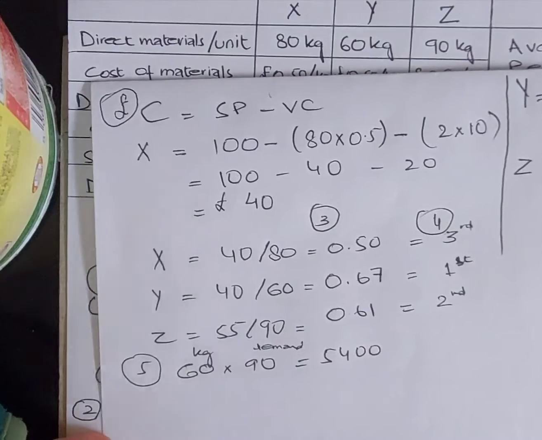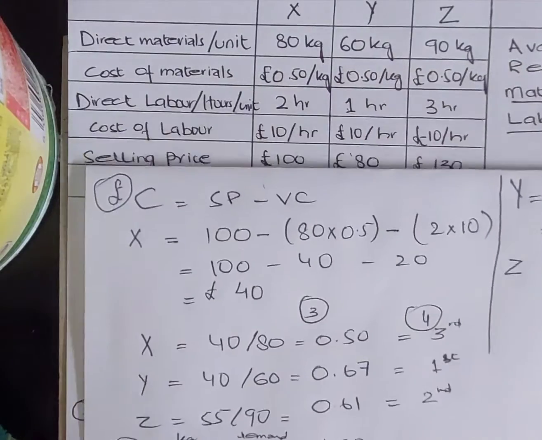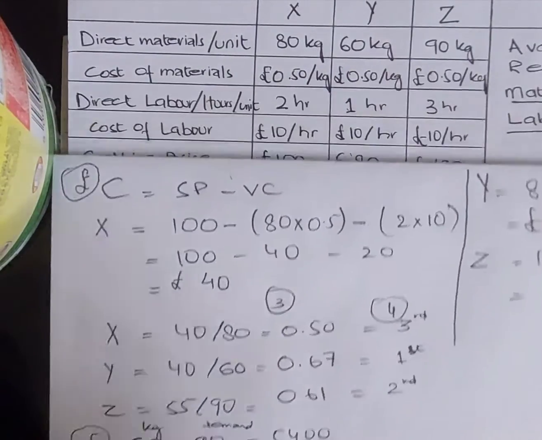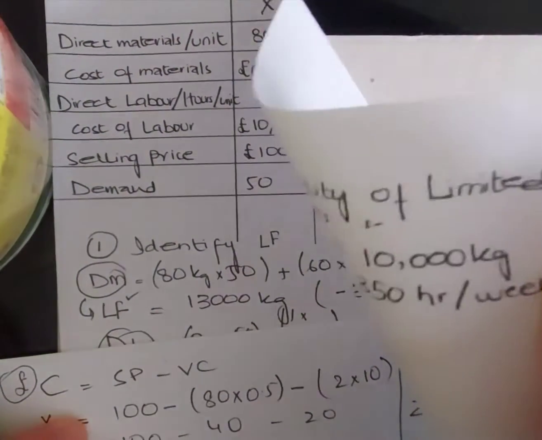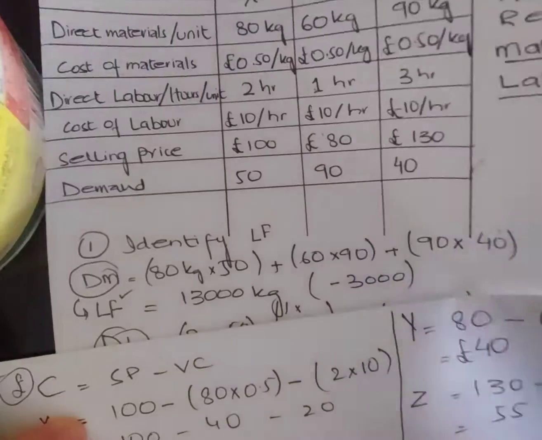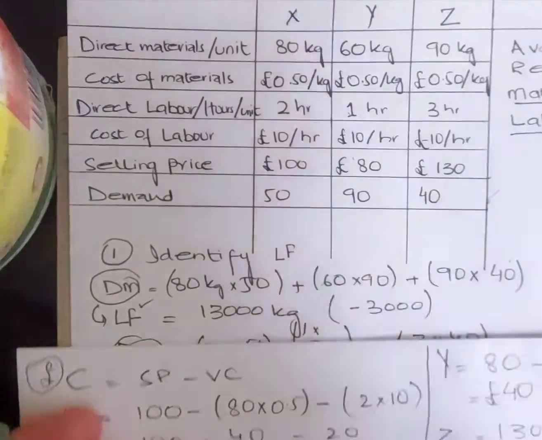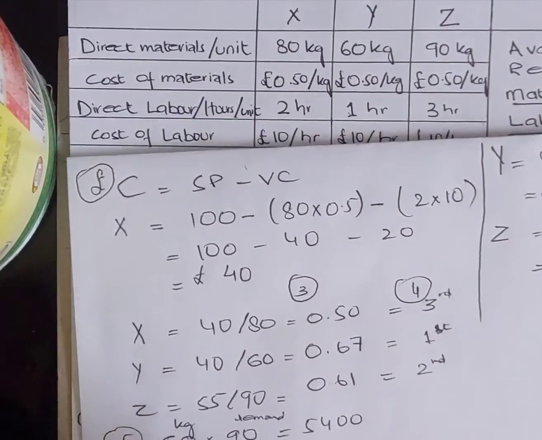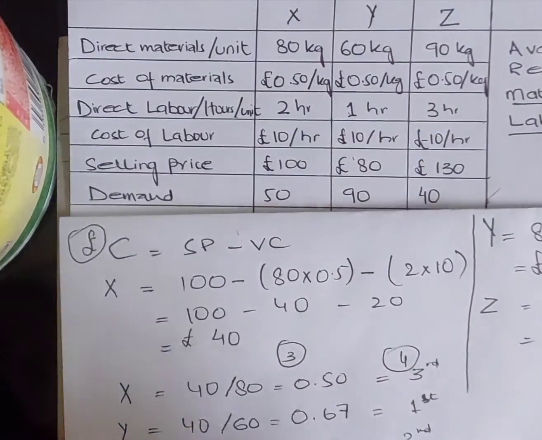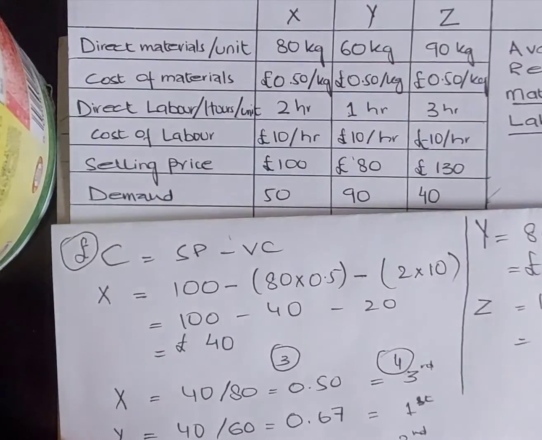Now we need to remember that our materials is 10,000. Okay, as you can see here, material is 10,000. So that's done. The next step is that we have allocated to Y, and now we need to give to the second one.